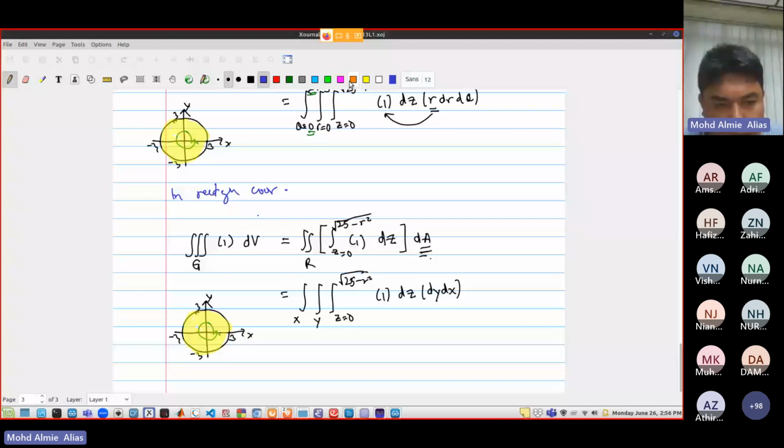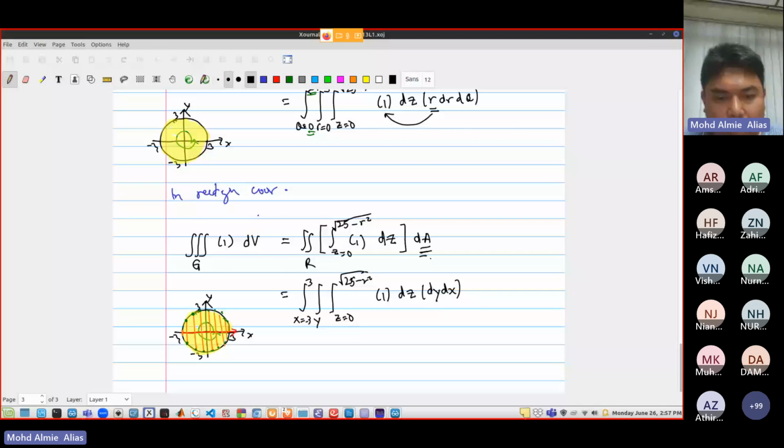You start from here, the points here, and you move it in the positive x direction, and you get something like this until you reach x = 3. And then the boundary here is actually the upper semicircle, and the boundary points here are actually the bottom semicircle. So here x you move from -3 to 3.